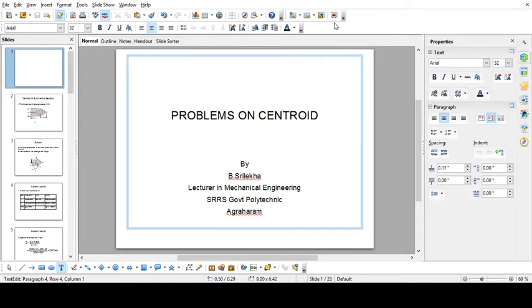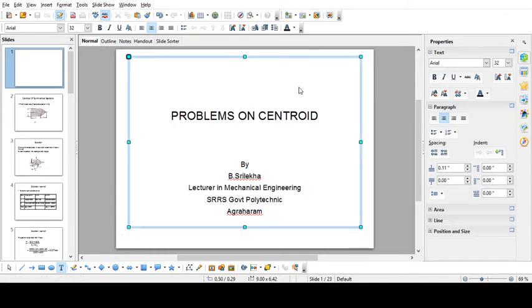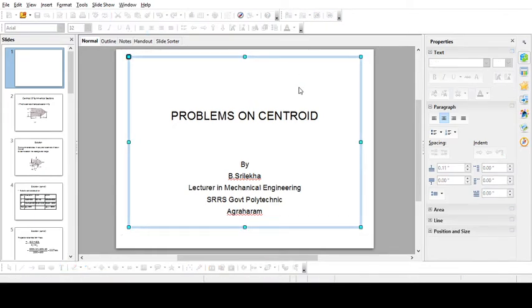So now I'm going to speak something about centroid. As you know, what is centroid? Centroid is that point at which the entire area of the body is said to be concentrated, right?